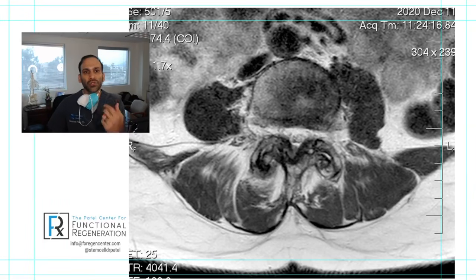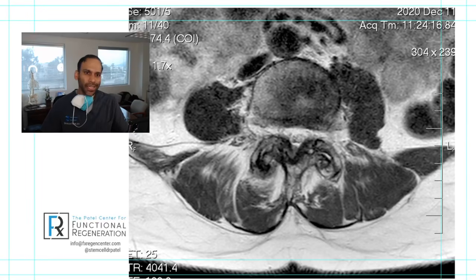We want to use things like PRP or bone marrow aspirate cells, things to actually help with the biology of those joints, but also treat the surrounding conditions, the ligaments, the muscles, all the surrounding parts, all the things that are involved in the functional spinal unit to get better benefit long term.